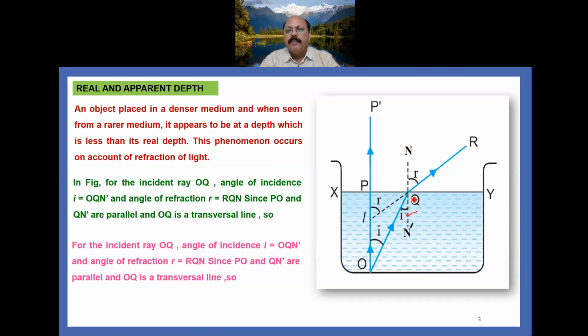Since PO and QN dash are parallel and OQ is the transversal line, therefore angle POQ is equal to angle OQN dash, which is equal to the angle of incidence.